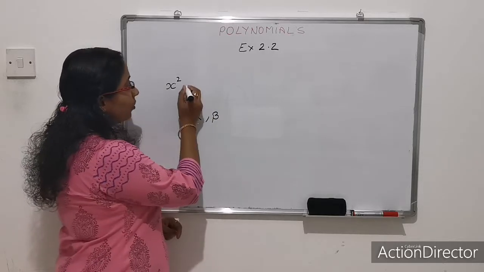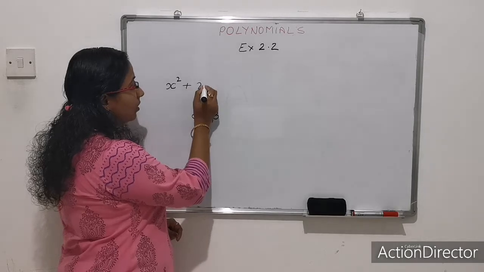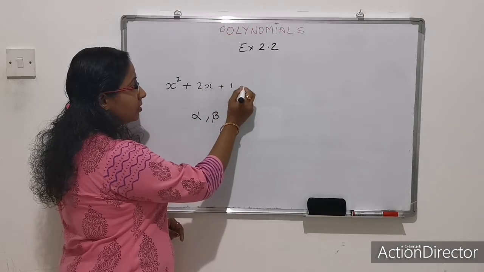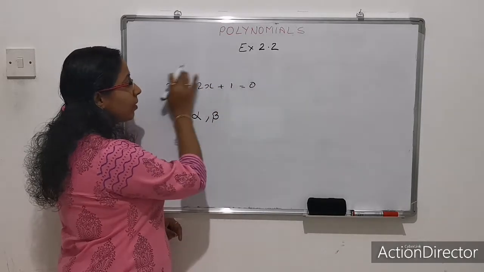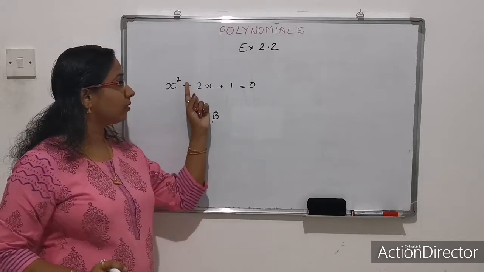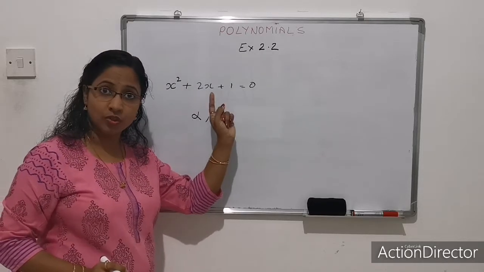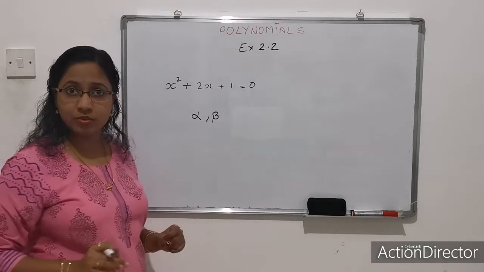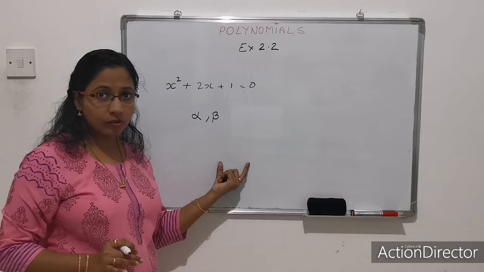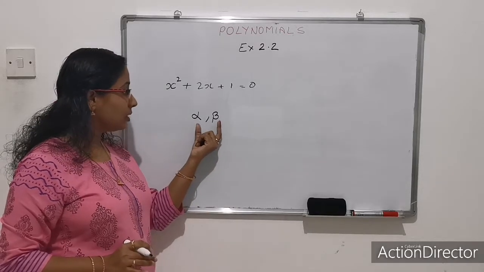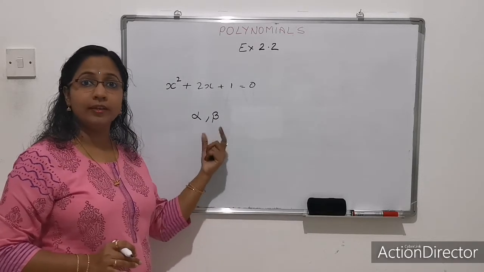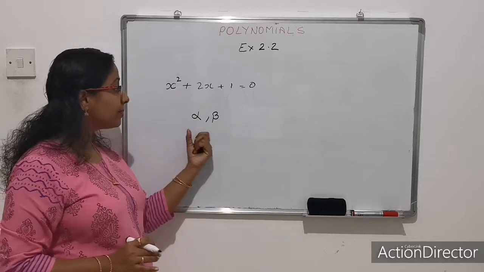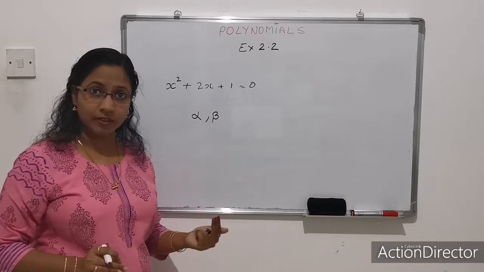Okay, 2-degree equation, that is x square plus 2x plus 1 is equals to 0. Then this becomes a quadratic equation where the highest power of x is 2. If it is 2, there will be 2 roots or 2 zeros. These are called zeros, and they are represented as alpha and beta.